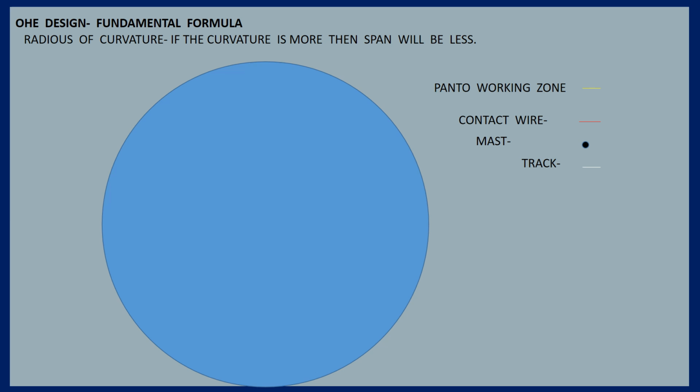Now I will discuss it with a drawing. What is radius of curvature, what is degree of curvature, and what is the span due to this degree of curvature, all that can be calculated.